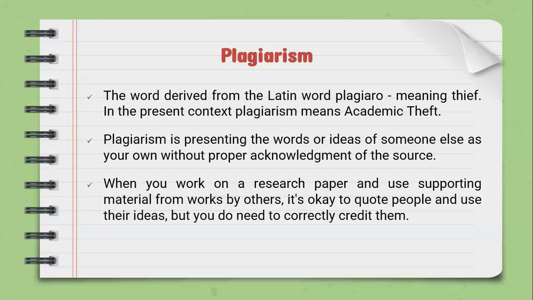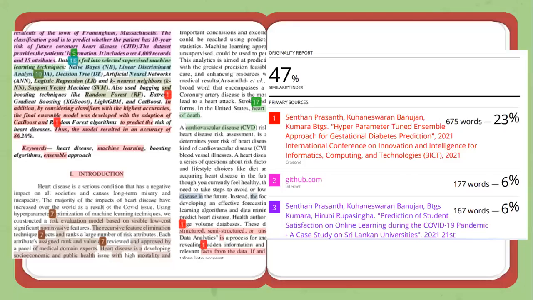So you can use that, but you have to give a proper citation. Then it doesn't come under plagiarism. If that is another person's work and you cite them properly, it doesn't come under plagiarism. Okay, so keep these words in mind.